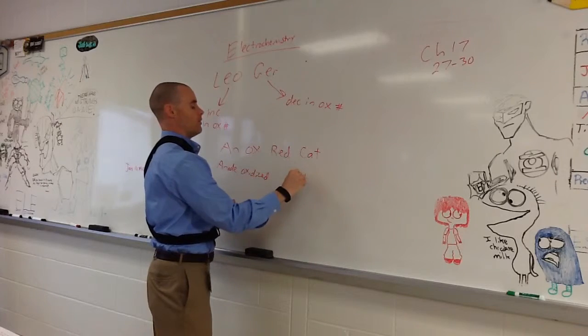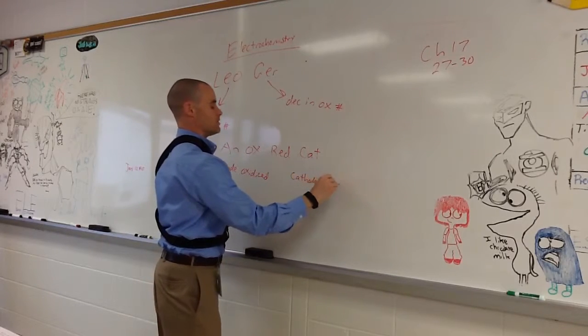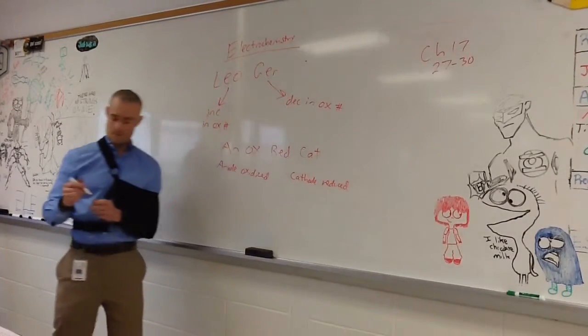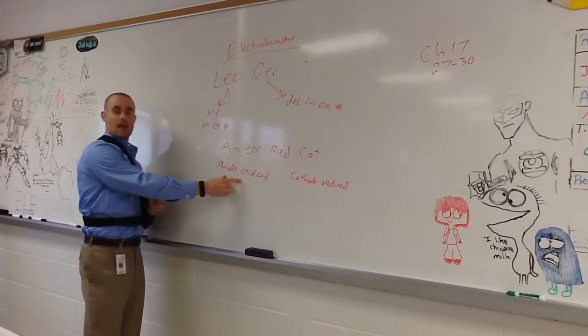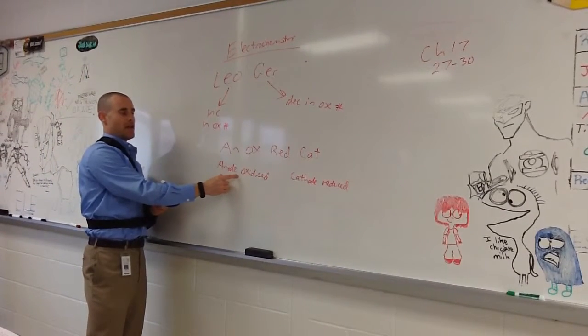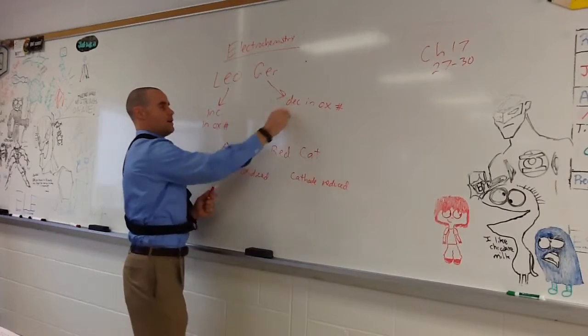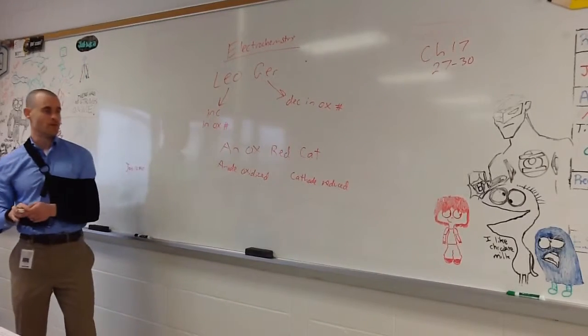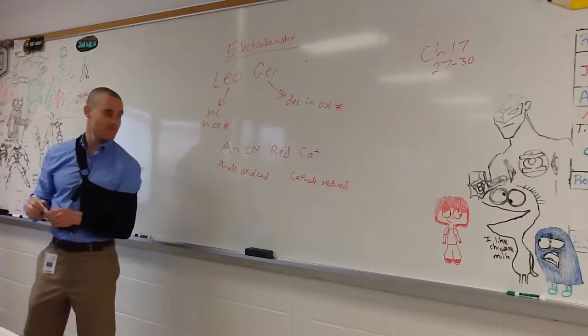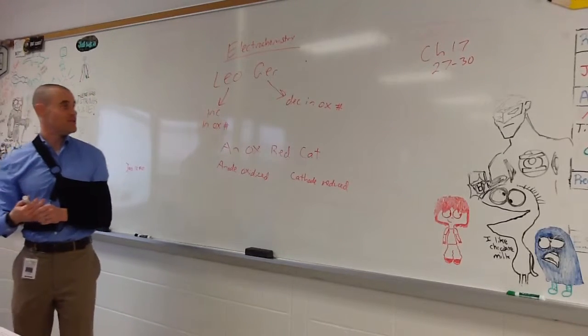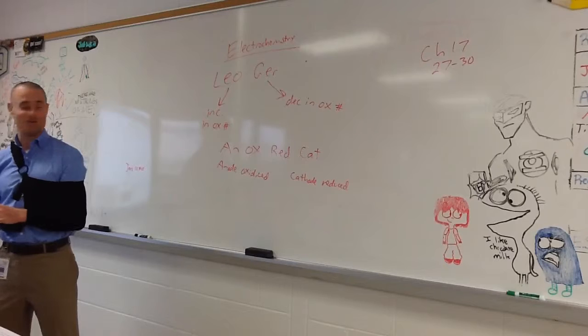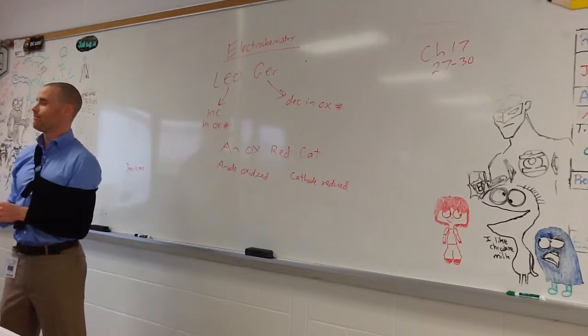So the cathode is reduced. So whatever's happening at the anode, this is LEO. Whatever's happening at the cathode, that's the GER, right? Reduce. And there's one more.